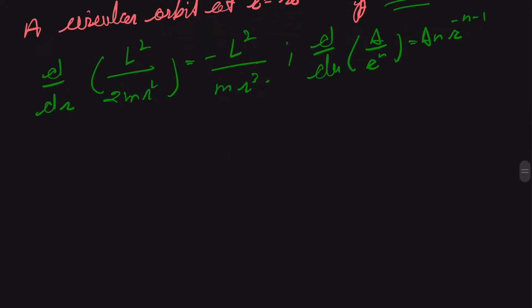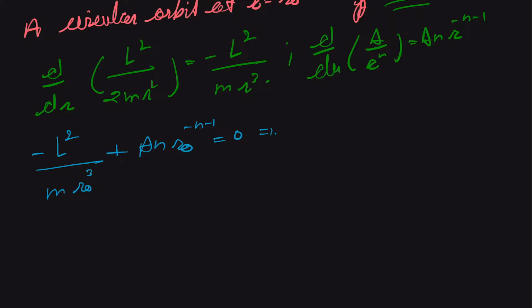So we can say that minus L square upon m r naught cube plus a n r naught raised to power minus n minus 1 is equal to 0.